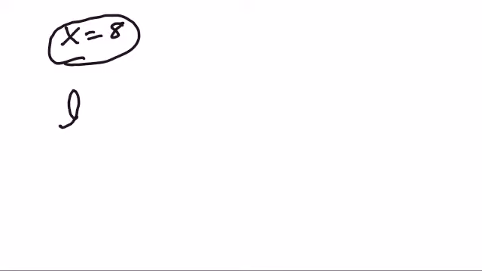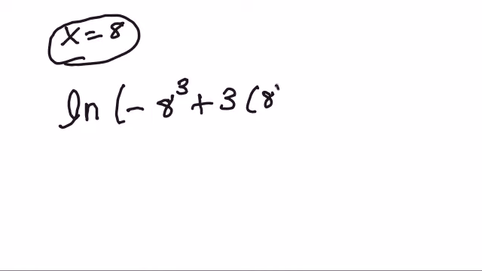Then the B part wants to know, what's the maximum profit? Well, we know that x is 8, so that's my critical value. I'm going to plug that back into the original function, your ln, and determine what the actual maximum value is, located where x is 8.